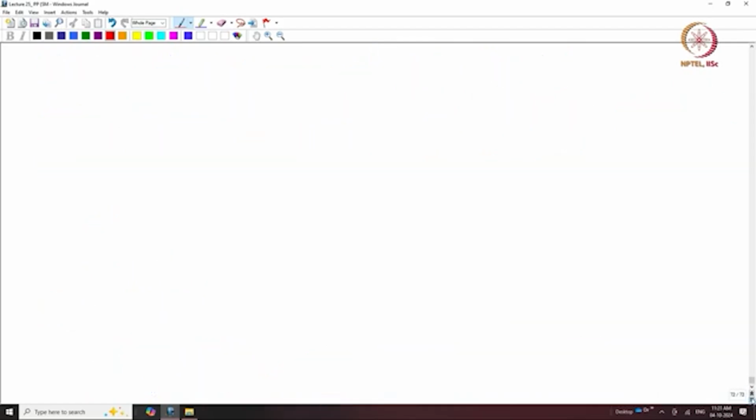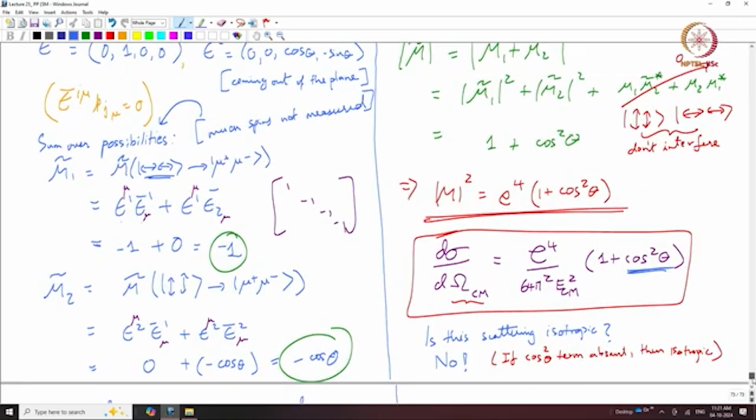So even more particularly, if the scattering angle is either 0 degrees or 180 degrees, these are more favored. What do we mean by that?